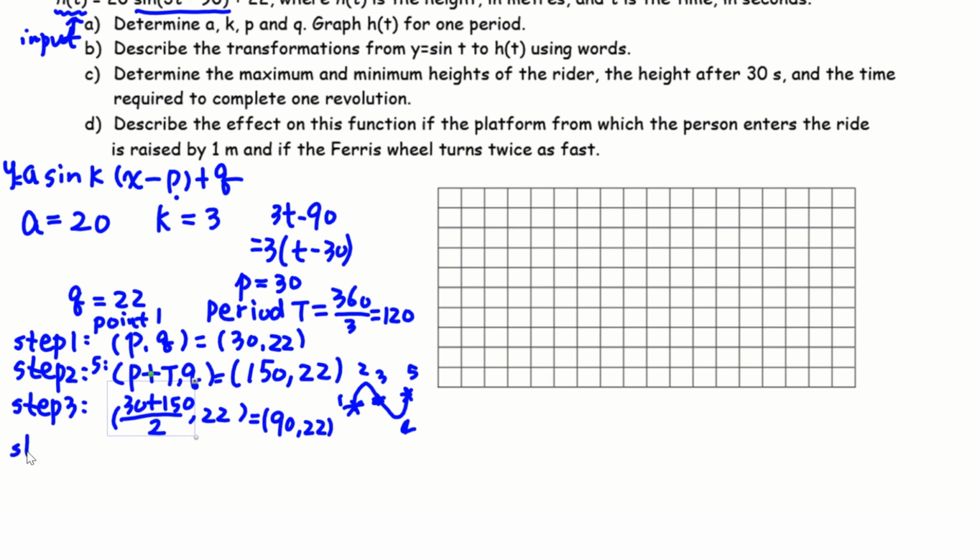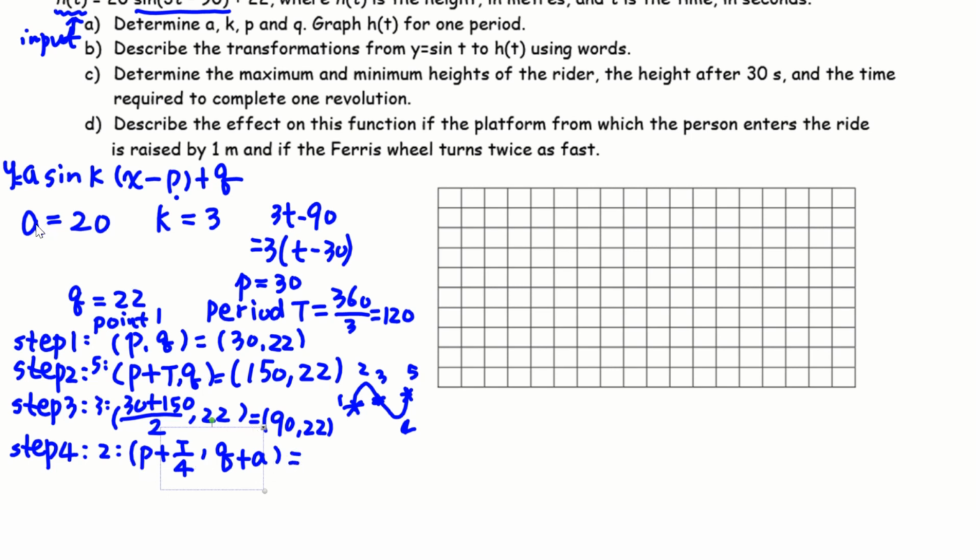And step 4, this is point 3. We are going to find point 2. Point 2 will be from the middle up A, so it will be at quarter points. So p plus a quarter of the period, then the q value, the y value will be q plus A. Now, this A is not amplitude.